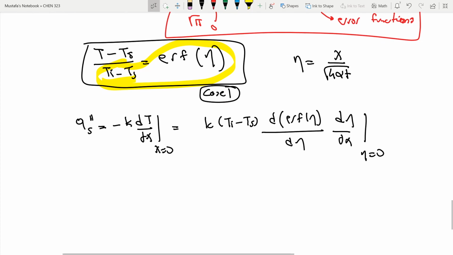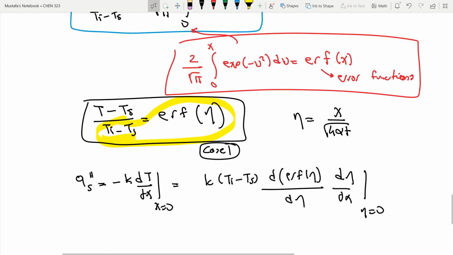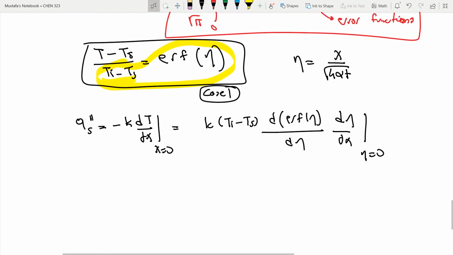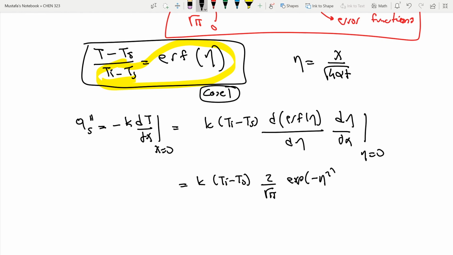The derivative of the error function: the integral and derivative cancel, and you end up with minus k Ti minus Ts times 2 over square root of pi, exponential minus eta squared, and we already calculated d eta by dx, which is 1 over the square root of 4 alpha t, and we are evaluating this at eta equal to 0.